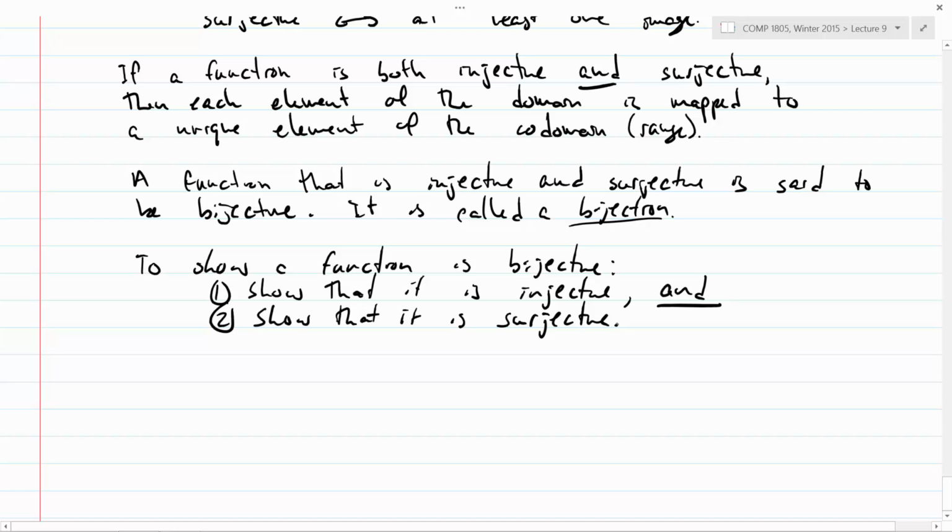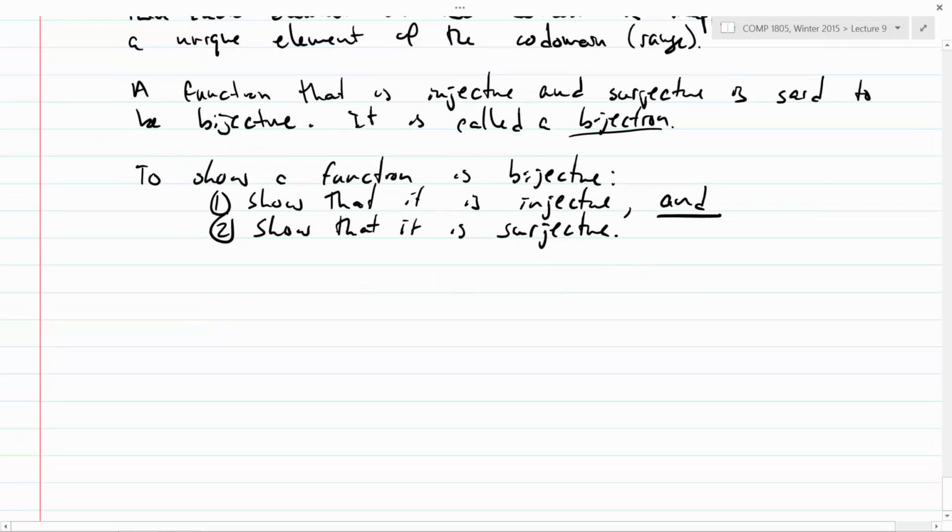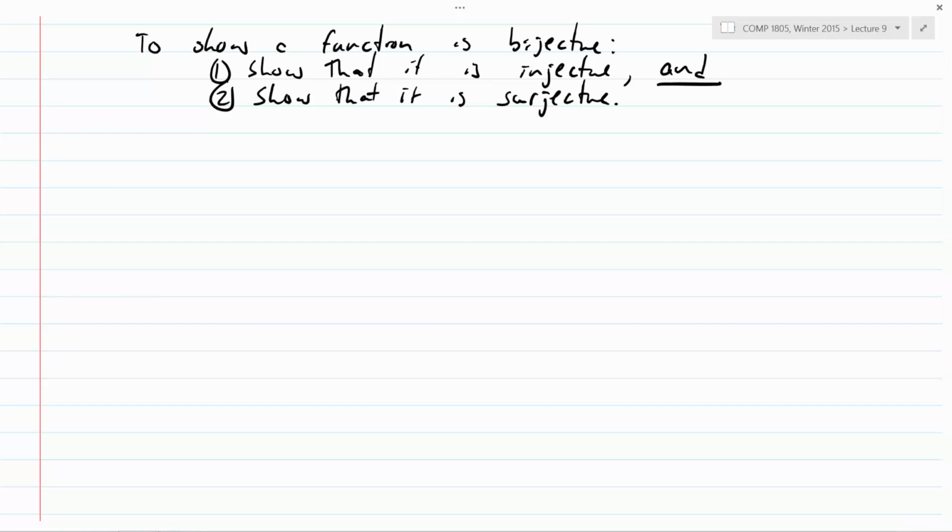So if I ask you to do a proof that a function is bijective, I'm really asking you to prove two things. I'm asking you to prove that it's injective and surjective.